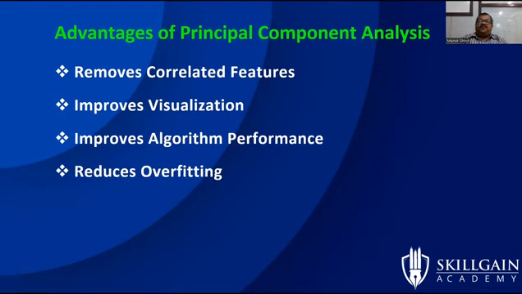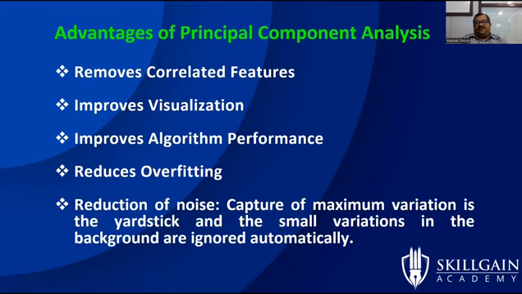It reduces overfitting and reduces noise. What is noise? That is the variation inside the data set. So it captures the maximum variation, and the small variations are ignored automatically in the process.